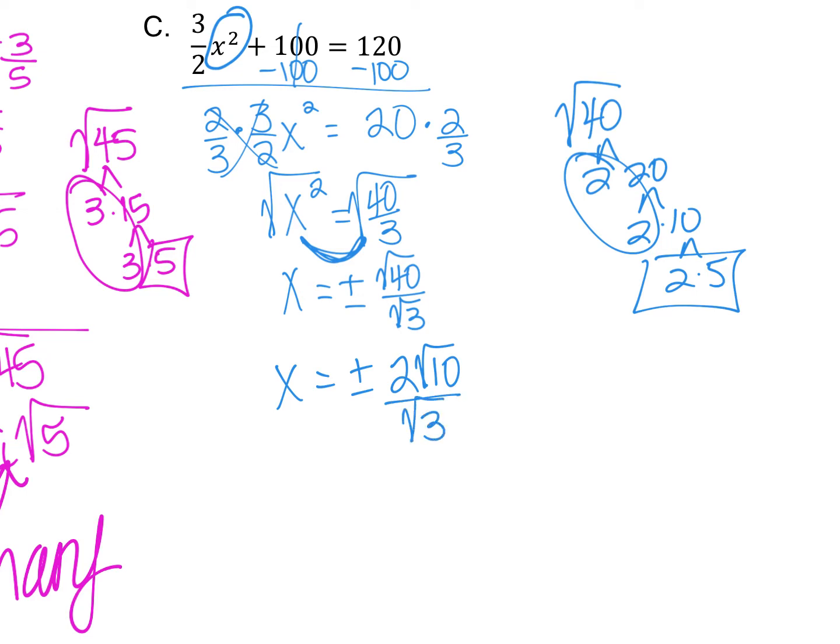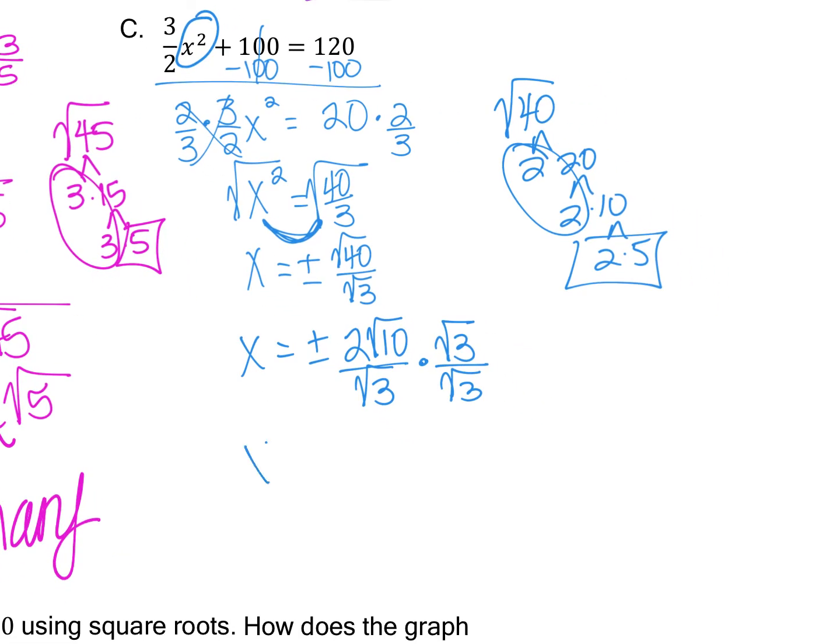Now, if you remember when we were dealing with radicals before, we can't have a radical in the denominator, so I have to rationalize it by multiplying it by itself since it's a square root. Remember, you can only multiply outsides and insides, so that's a 1 in front of that square root of 3, so that would just be a 2. And then square root of 30. And then that just cancels the radical, we just get a 3.